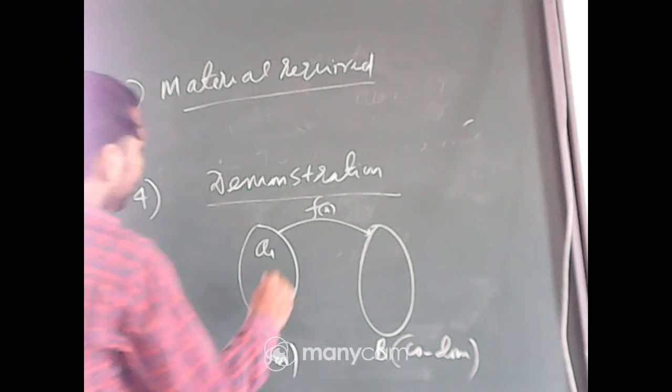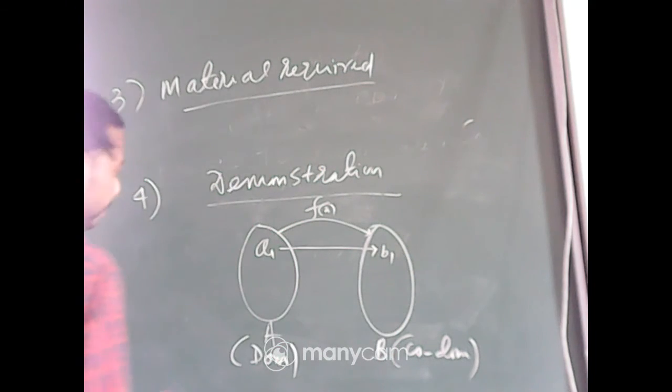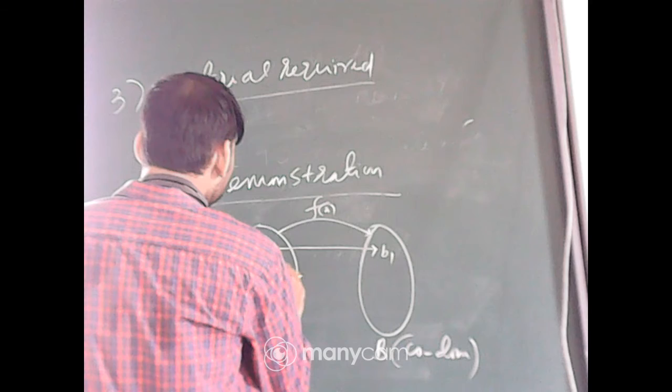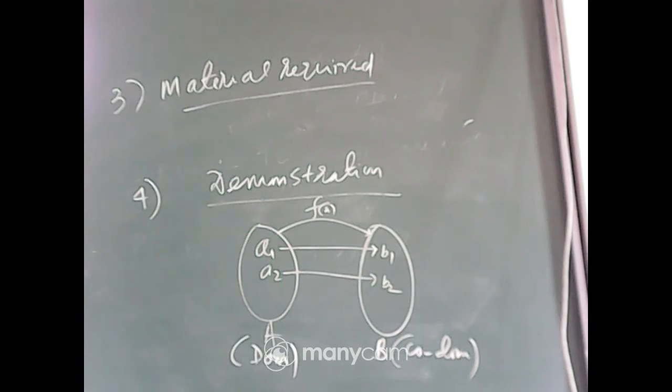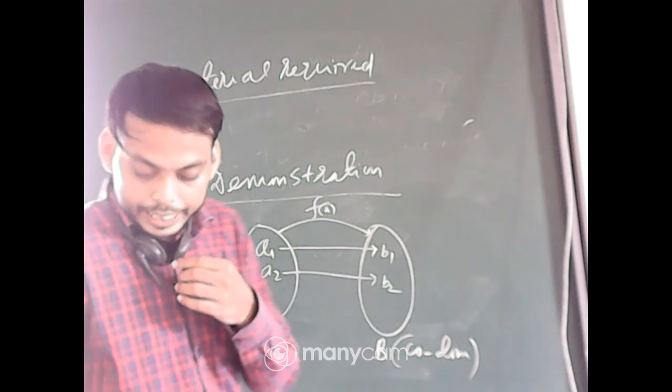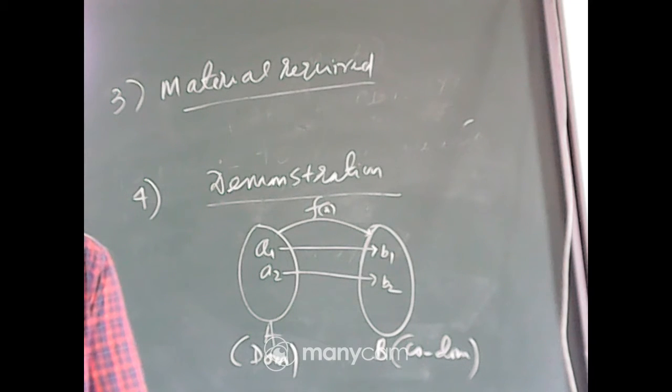Here a1 goes to b1, a2 goes to b2. This is not 1-1 but onto. That means you have to cover all the elements of the codomain. You have to cover all the elements of the codomain.